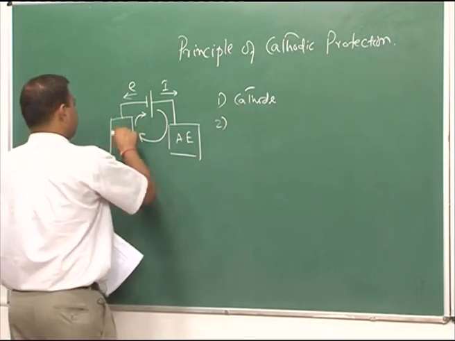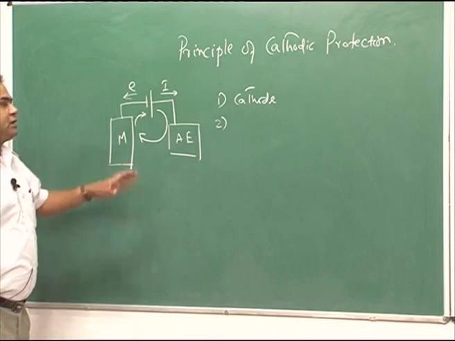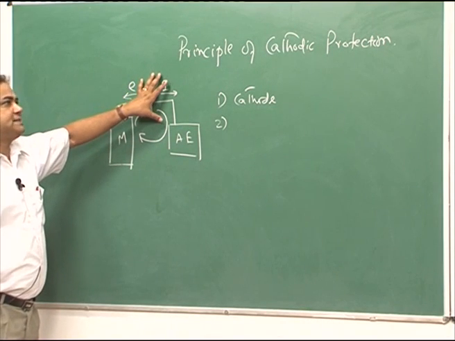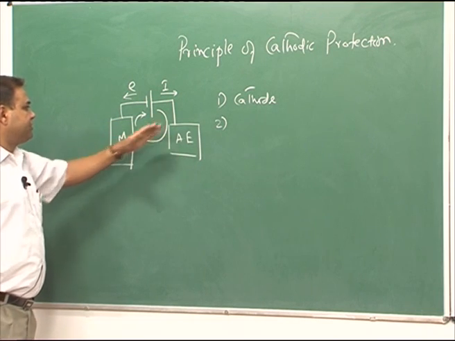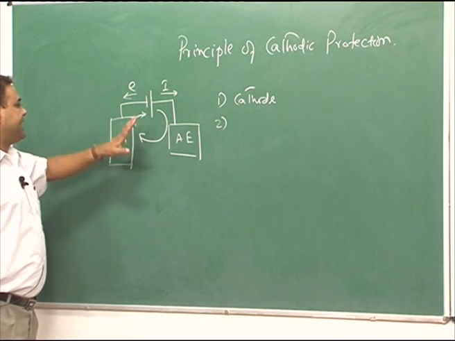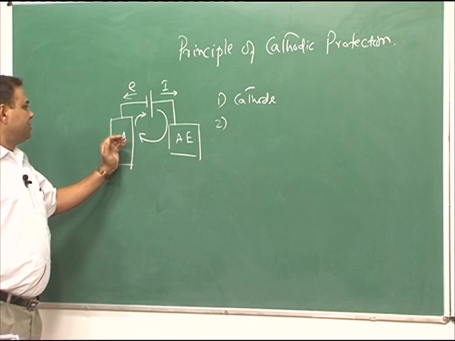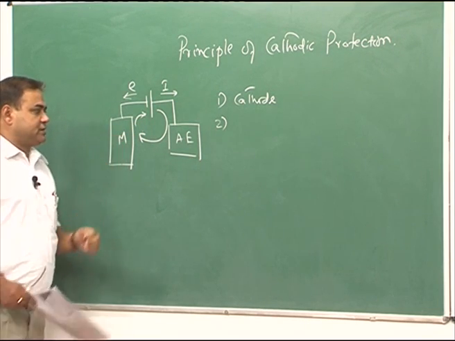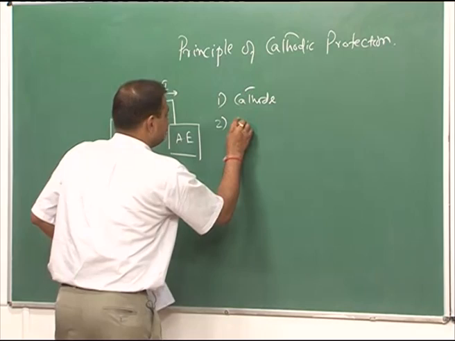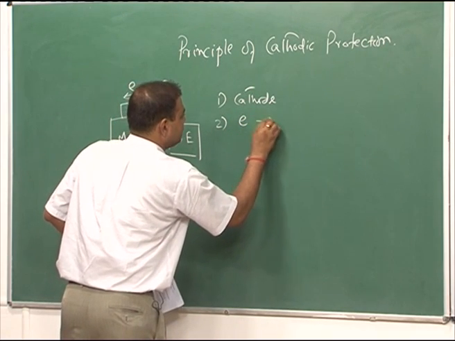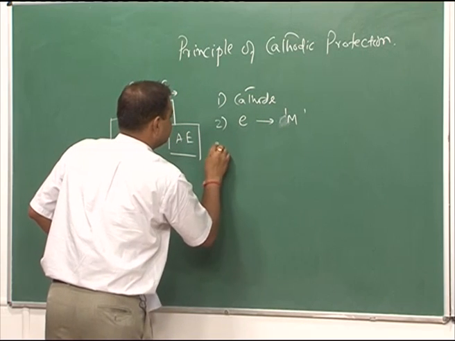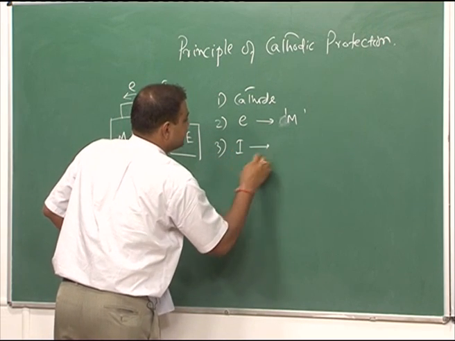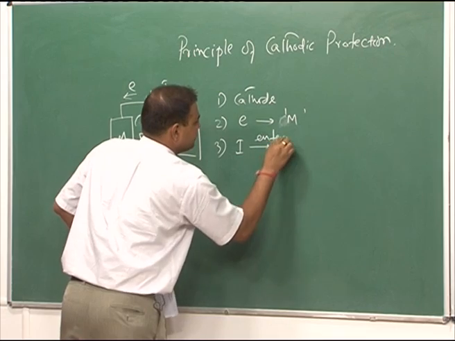Second, the metal object is to be connected to the cathode terminal of an external DC source. Another criterion is that the current should enter into the metal object, so that it is protected. That is, electrons should flow into the cathode or the metal, and the current will enter into the metal.